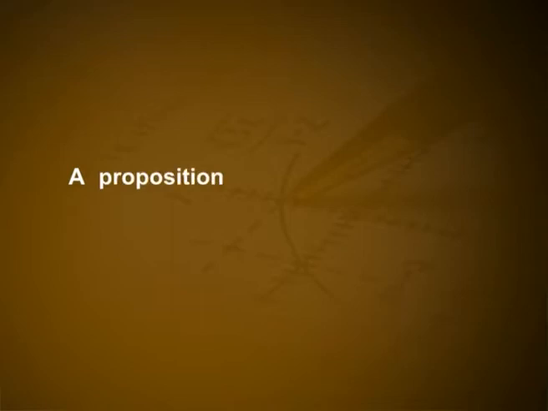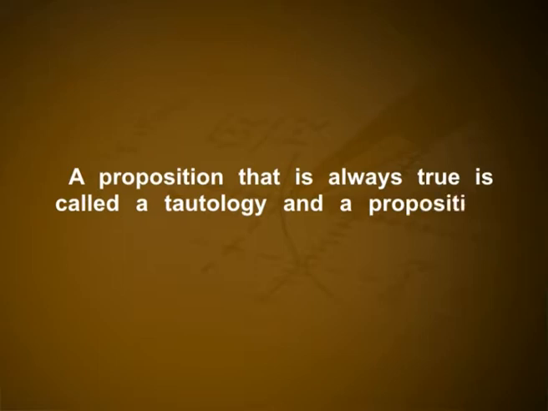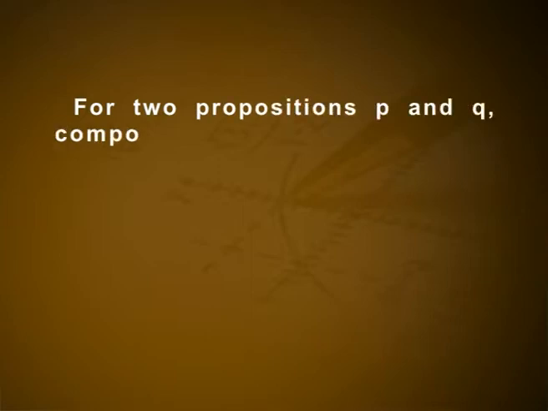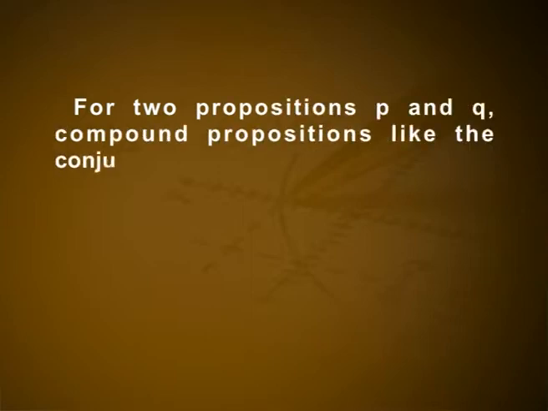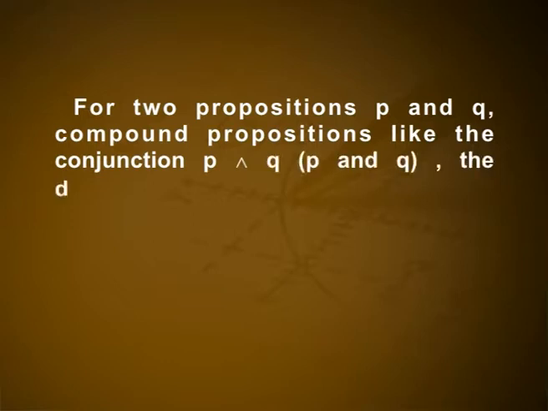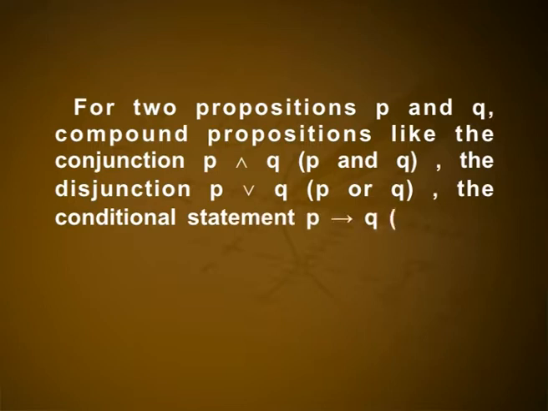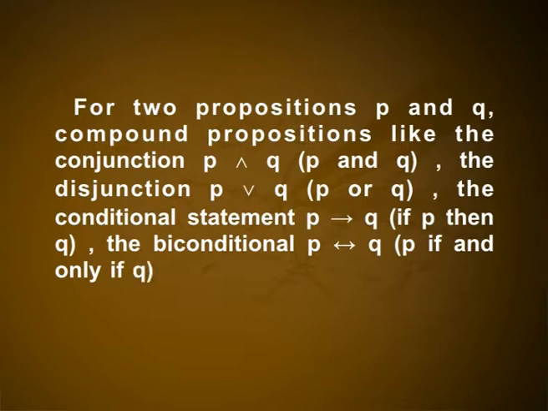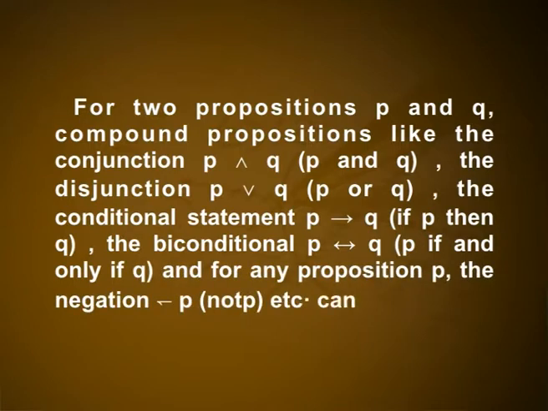A proposition that is always true is called a tautology, and a proposition that is always false is a contradiction. For two propositions P and Q, compound propositions like the conjunction P and Q, the disjunction P or Q, the conditional statement if P then Q, the biconditional P if and only if Q, and for any proposition P, the negation not P etc. can be formed.